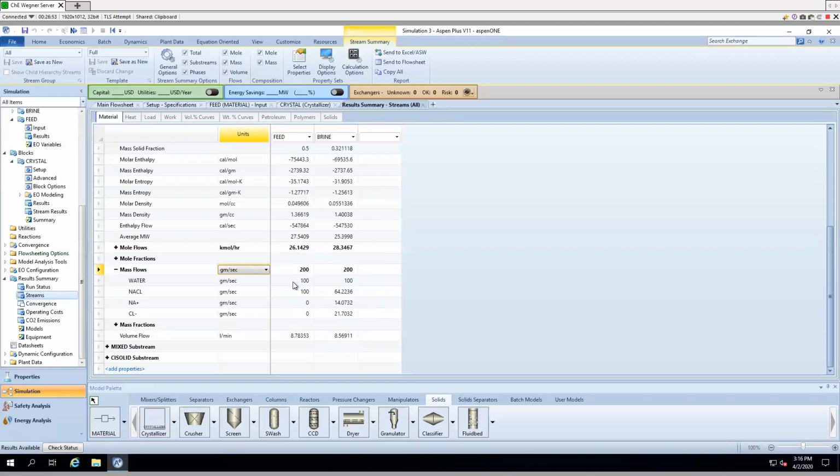Given an amount of water, given an amount of sodium chloride, a certain amount of ions will be generated. To calculate the solubility of sodium chloride at this temperature and pressure, with water, all you would have to do is take the sodium chloride in minus the sodium chloride out.